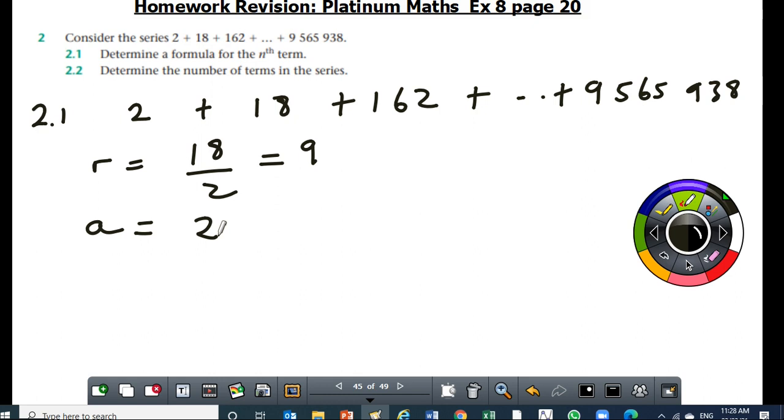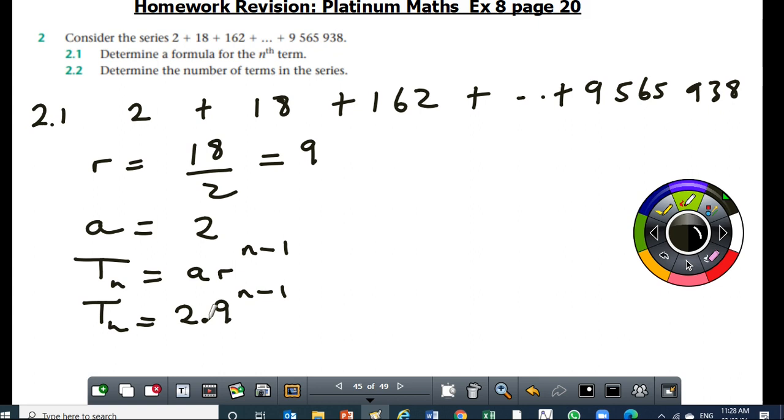You don't have to get confused. Then the general term is Tn equals A times R to the power of n minus 1. That's the general term. Now, here I need a general term, so I just need to substitute. My A is 2, my common ratio is 9, so 9 to the power of n minus 1. Please, never ever make the mistake of multiplying the value of A and the value of R. That's incorrect mathematics.